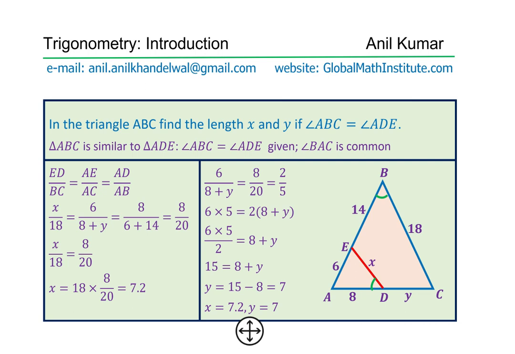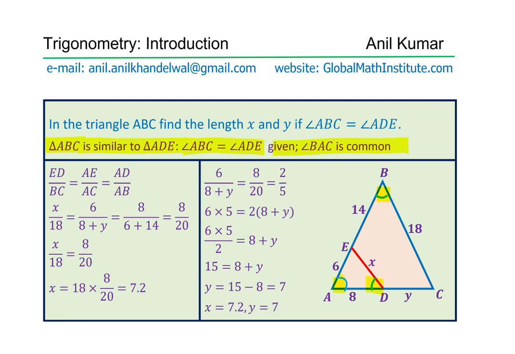So as I was saying, the triangle ABC is similar to triangle ADE since we know that the two angles at D and B are equal, and we also know that angle A is a common angle, right? So this angle is common, and therefore they are similar.